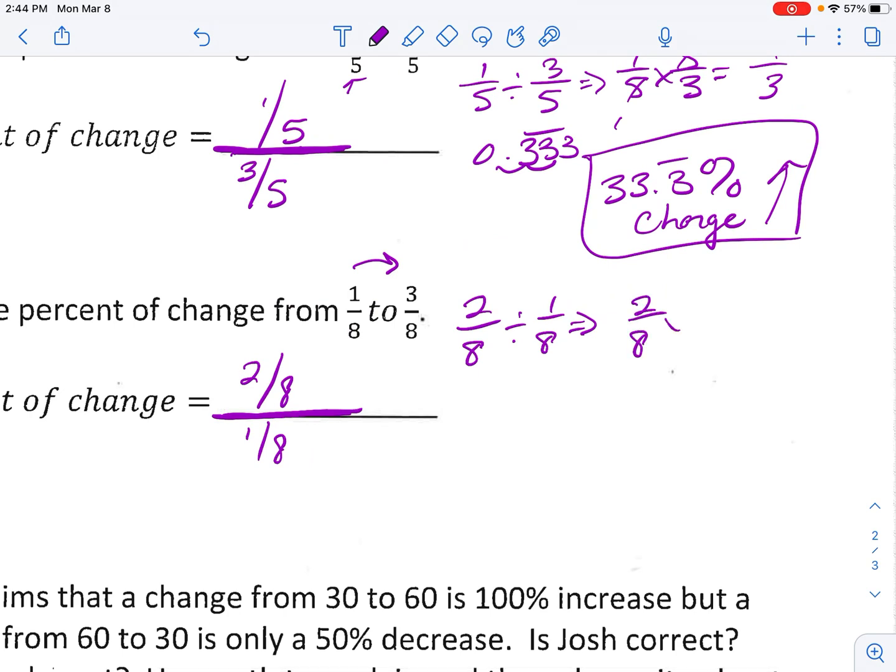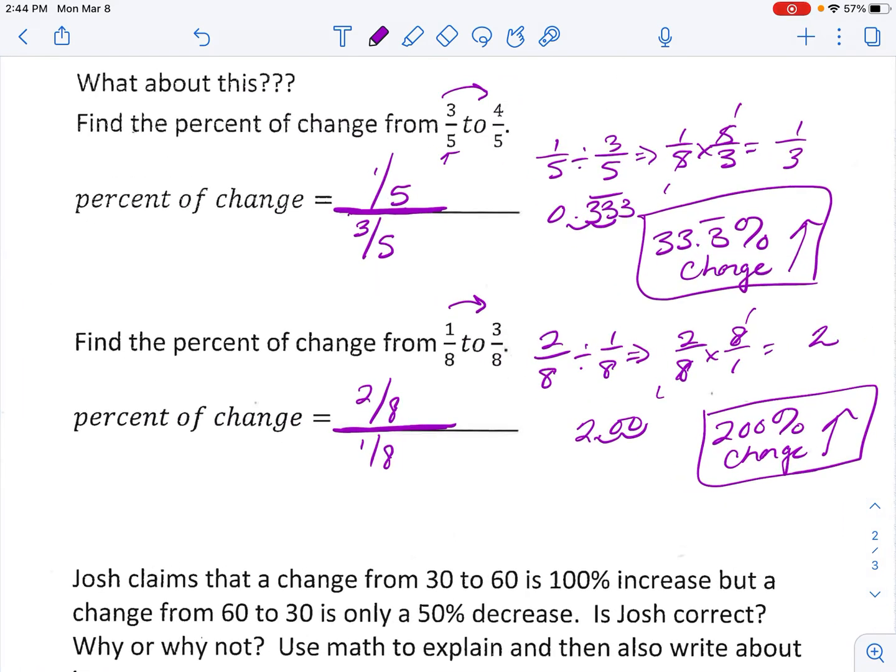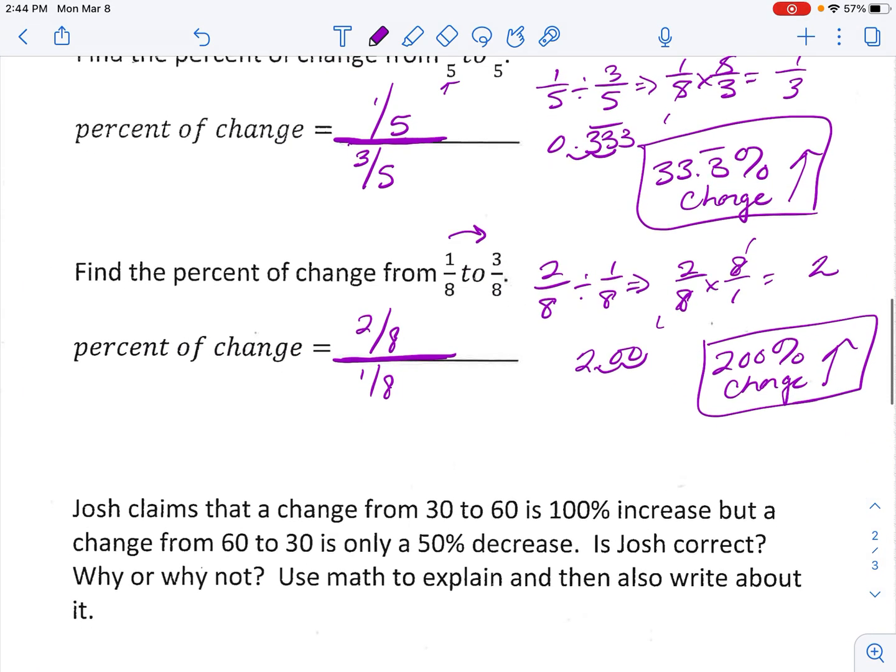We keep it, switch it, flip it. So we have 2 over 1, 2 wholes is 200% change, and it went from 1/8 to 3/8. So again, that's an increase. Okay, so fractions, we're going to do just the same.